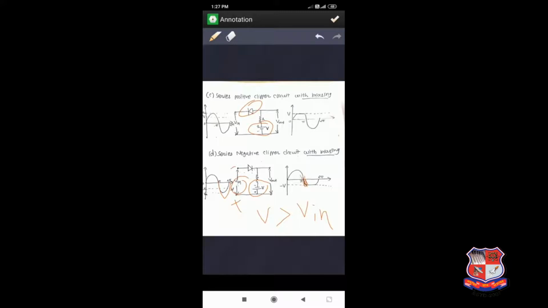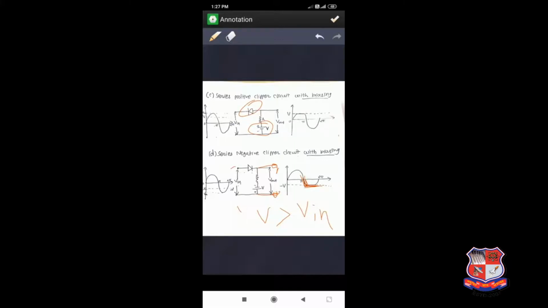Now if the input voltage is greater than this battery voltage, then the diode is in reverse bias, because this input voltage forces the diode into reverse bias. At that time this diode acts as an open switch, so the output is the battery voltage. Okay, so the output voltage is equal to the battery voltage, and at that time we get output like this.